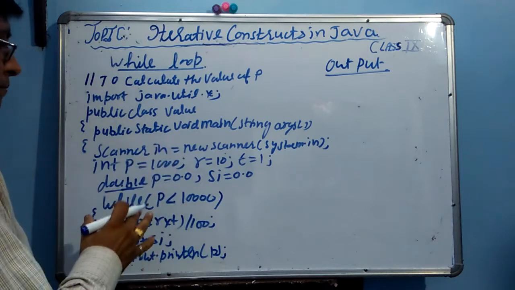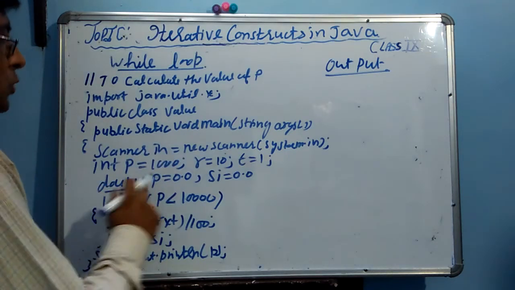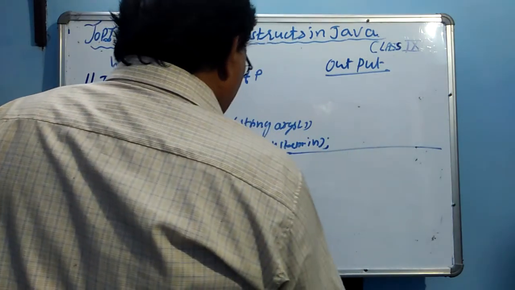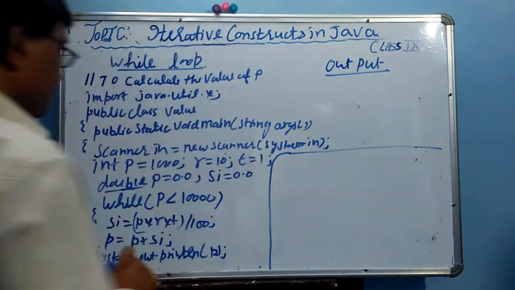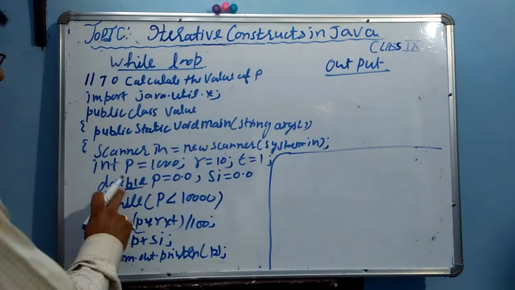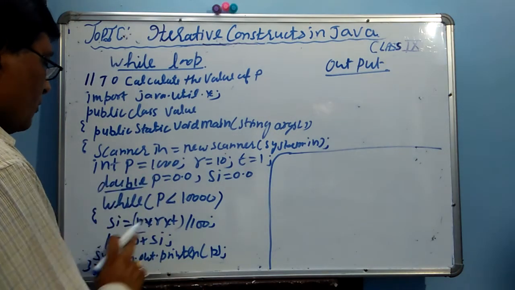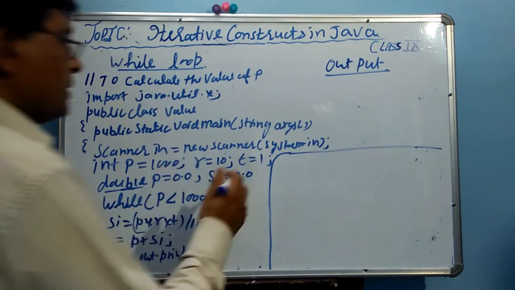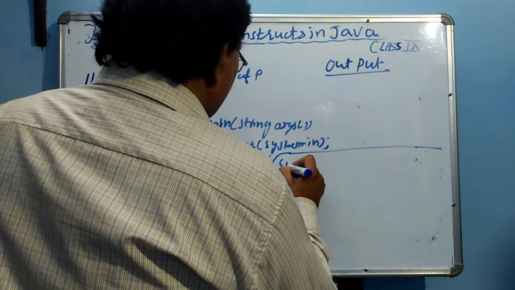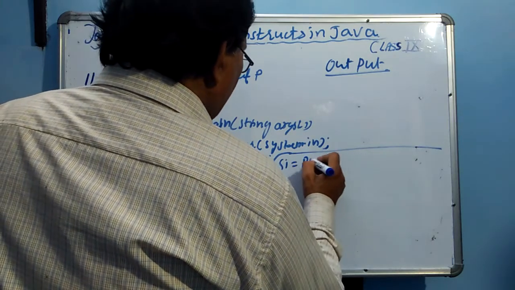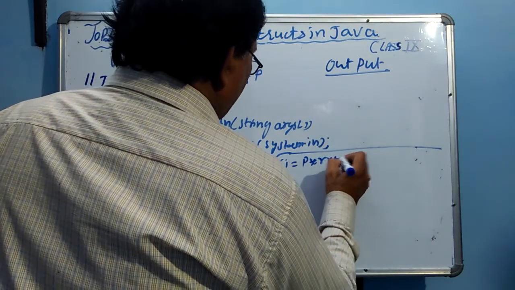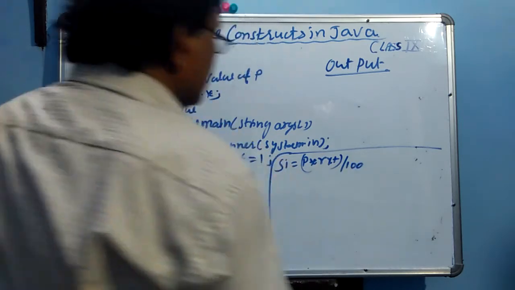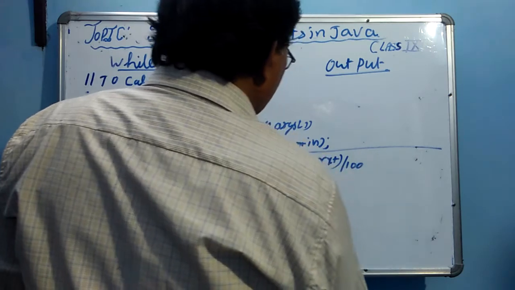First of all, how will the value be calculated? I will explain the logic. The value of P is given as 1000. So first of all, it will take the value of P in the formula SI is equal to P times R times T upon 100.